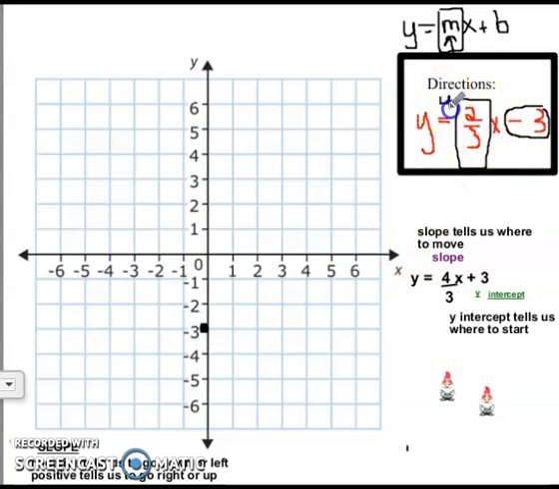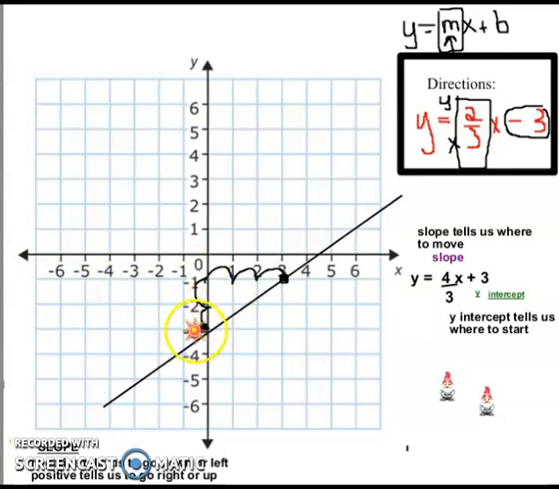Remember, the top number is your y direction, the bottom one is your x direction. Y-axis goes up and down, so I'm going to go up 2 from this point. Then this is an x, right? Change in y over change in x. X-axis goes left and right. This is a +3, so I'm going to go right 3. Put your other point where that ends and draw your line.